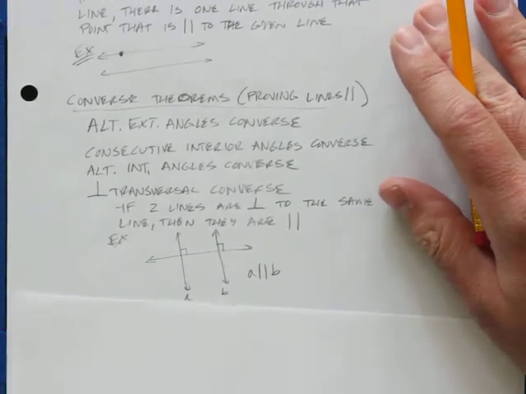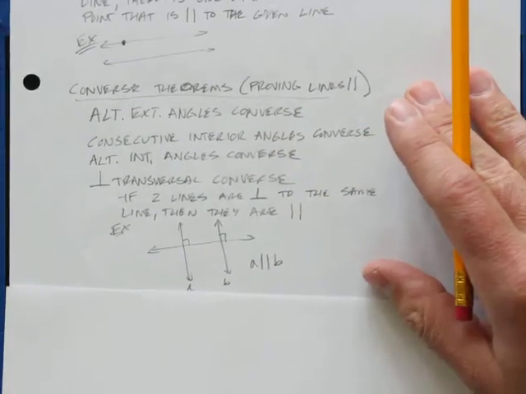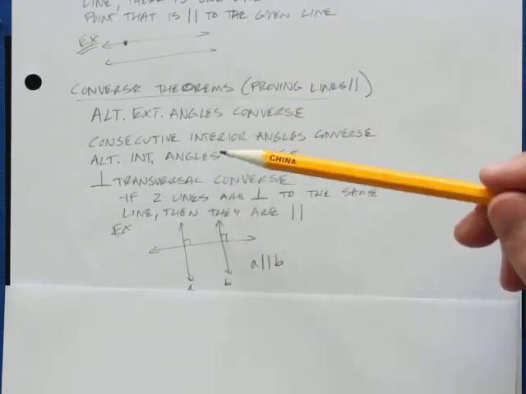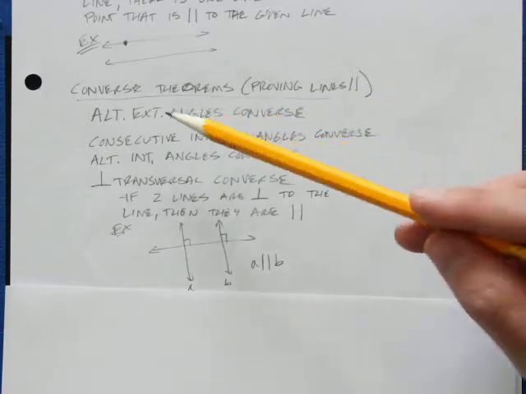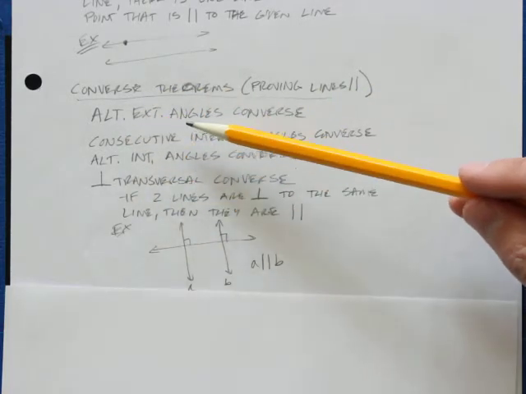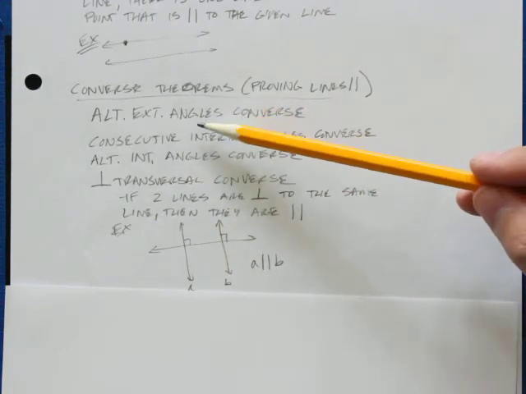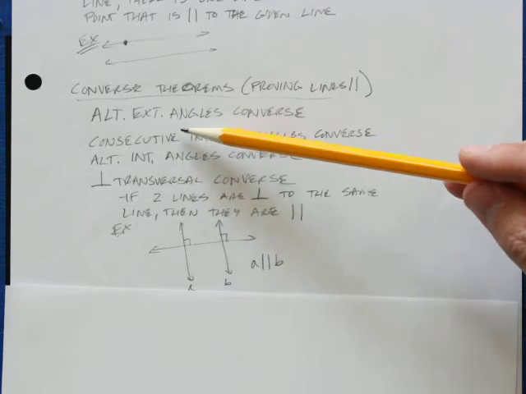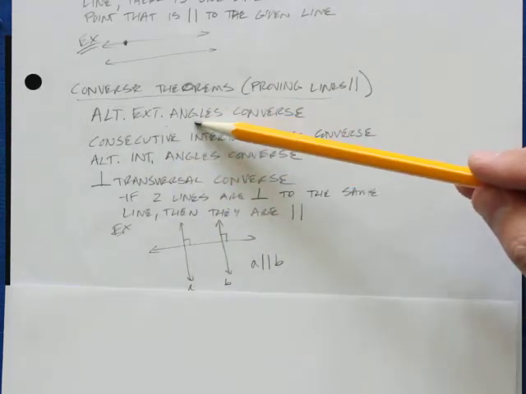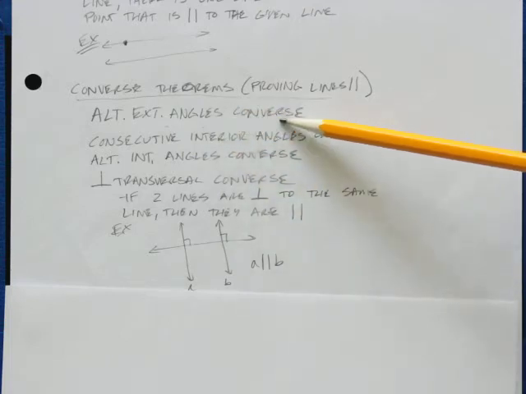Then we have these converse theorems that prove lines parallel. So we didn't write out all of them. We just wrote the names of each one. What this is referring to is a couple lessons ago when we said if the lines are parallel, then the alternate exterior angles are congruent, and we're just saying that the other way is true as well.